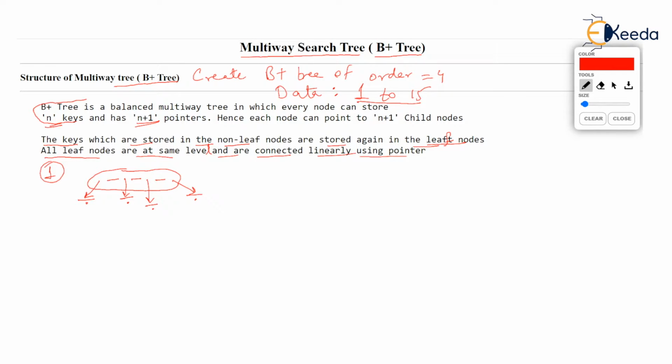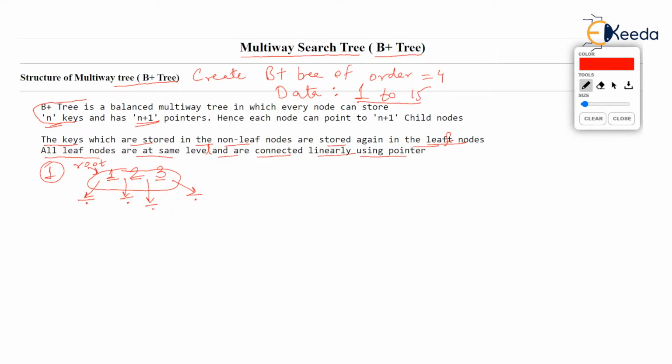Now inside this new node, we will store the keys 1, 2, 3, the first 3 keys of 1 to 15. You recall every node of B or B plus tree must have sorted keys. So inside any node, the keys are always sorted, and we call this node the root. Root pointer points to the topmost node.